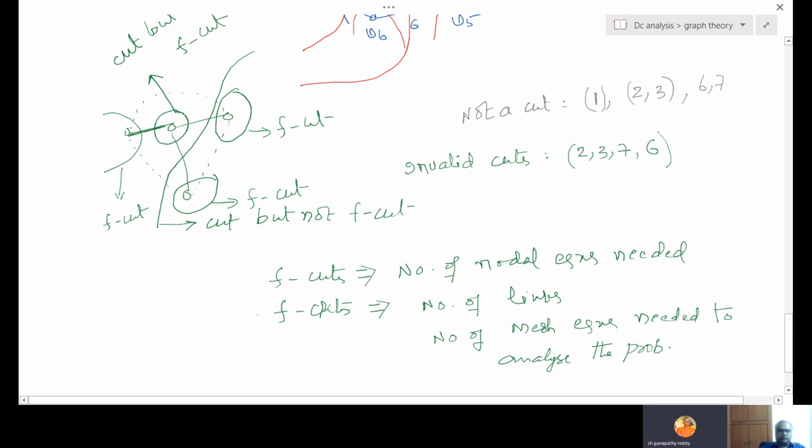So fundamental circuits are always equal to L. So that's the importance of fundamental cuts and fundamental circuits.